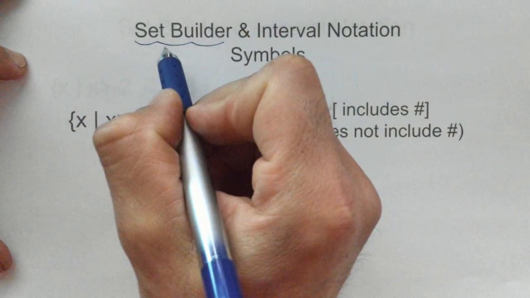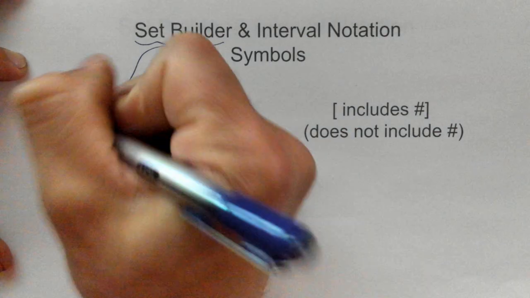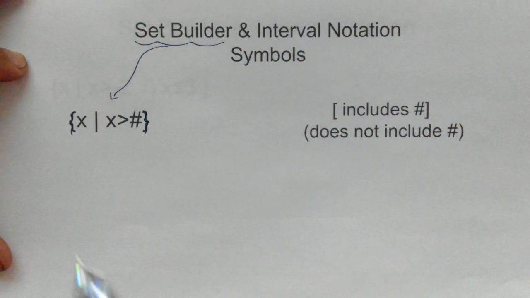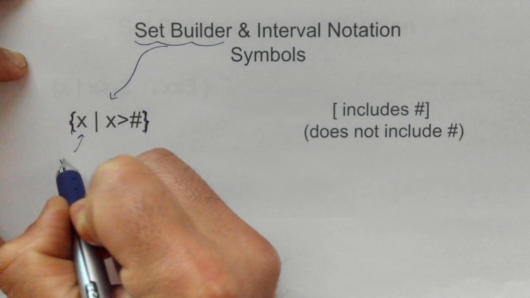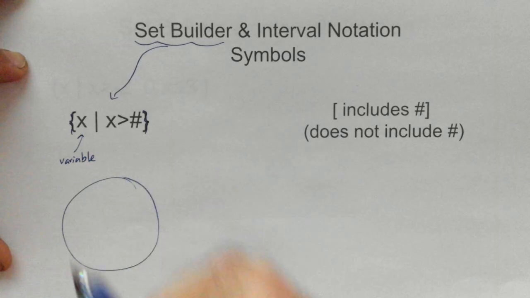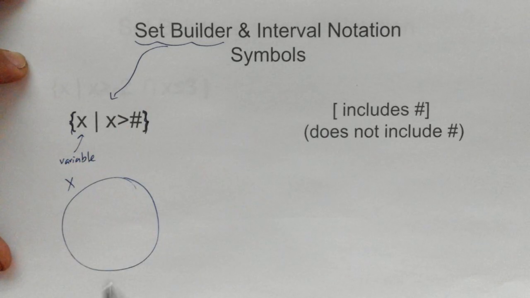So here we're dealing with set builder notation. We know we're dealing with set builder notation because we're using braces here to describe something, right? This defines the variable that we're interested in. So if I had a circle, right, a set, I would call all of the values in there set x. That's the variable I have.